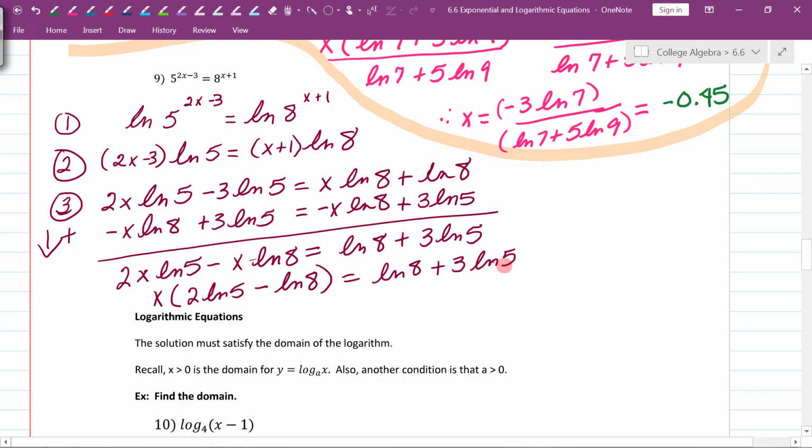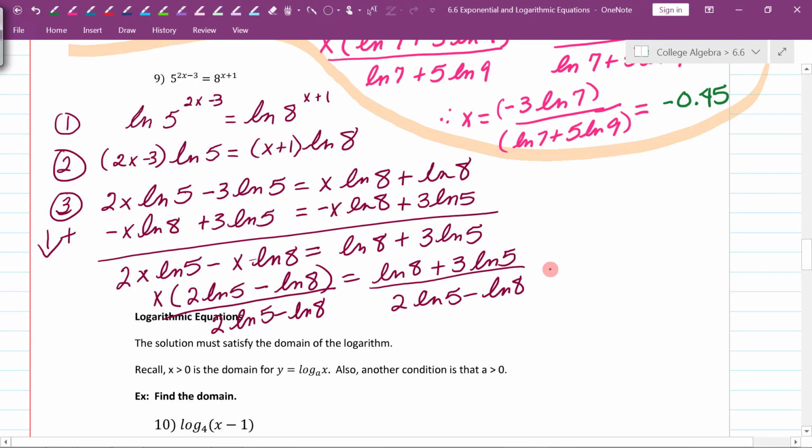Now my x is connected to everything over here through multiplication, so I'm going to use division to separate it. What I do to one side of the equation, I do to the other side. I'm going to divide both sides through by 2 natural log of 5 minus natural log of 8.